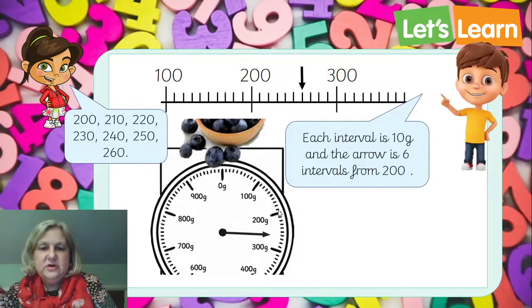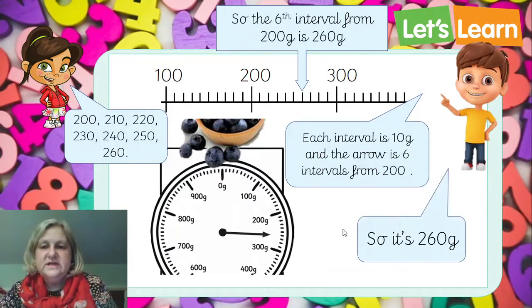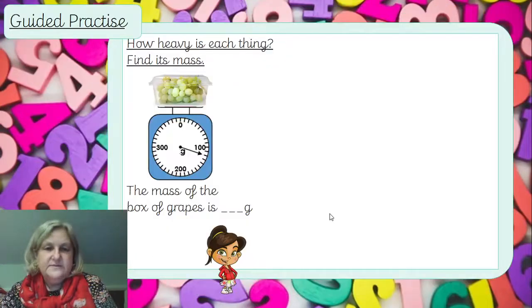So it would be 200, 210, 220, 230, 240, 250, 260, and that would get us to the arrow. If we do it on here, 210, 220, 230, 240, 250, 260, then we've got the answer. So the 6th interval from 200 grams is 260, so it's 260 grams.